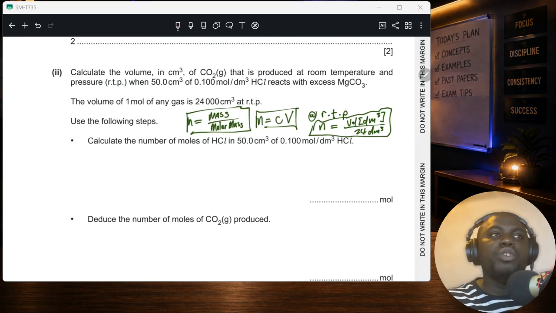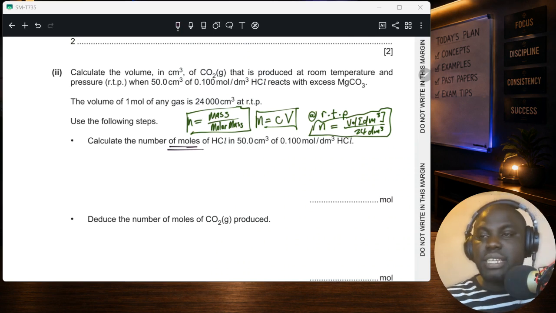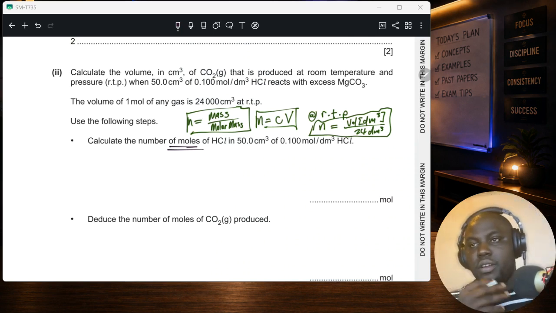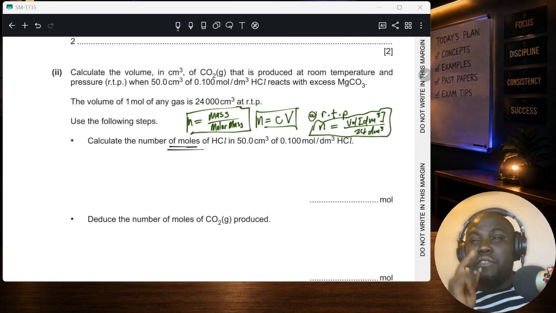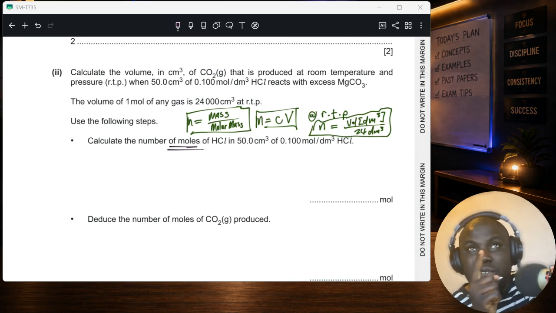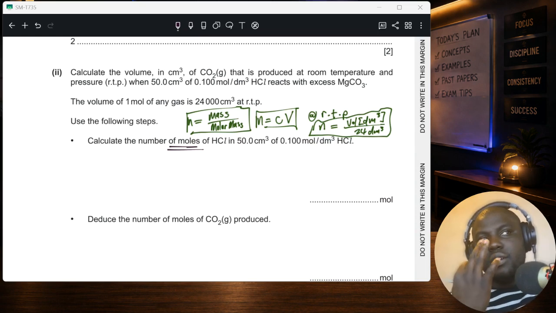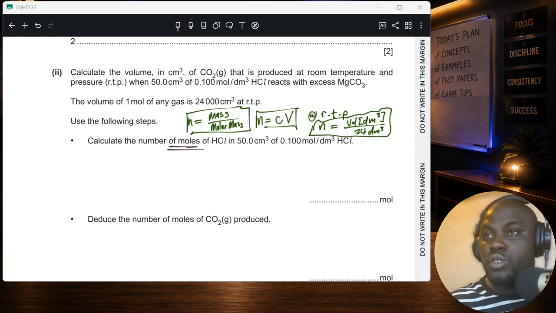Now, what do we know? We know that the first time they ask us for moles, sometimes they will ask us for mass, whatever, we don't use the formulas. But the very first time they ask us for moles, we choose one formula of the 3. The next time they ask us for moles, we use ratios. The third time, they don't ask us for moles.